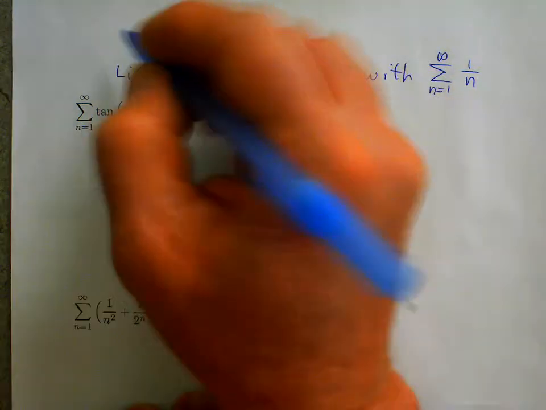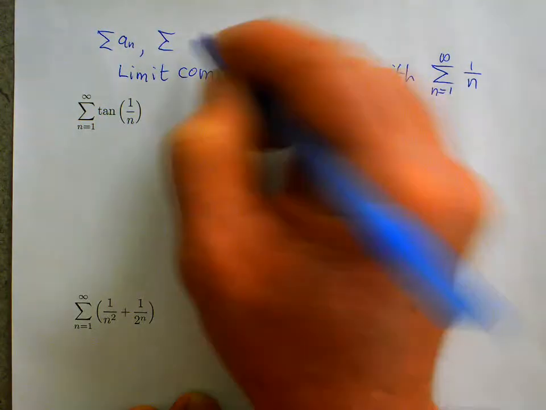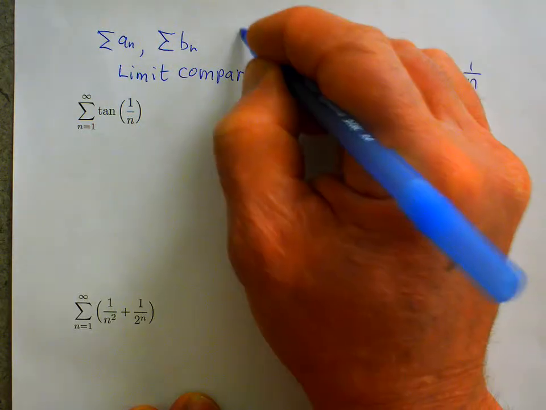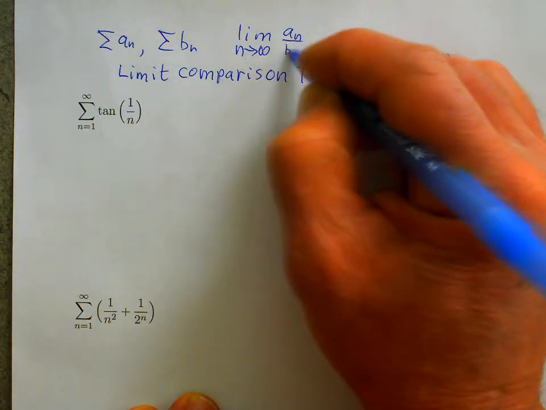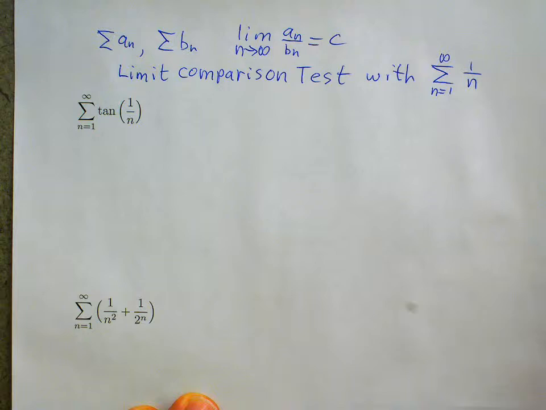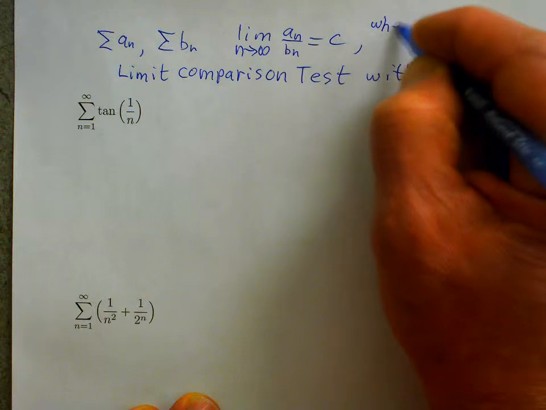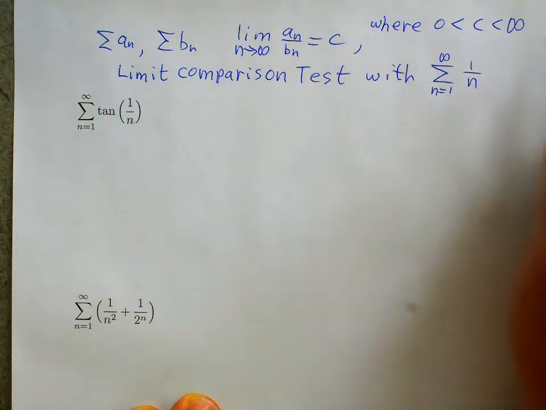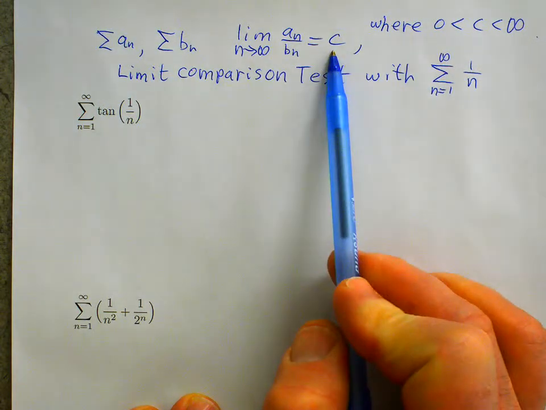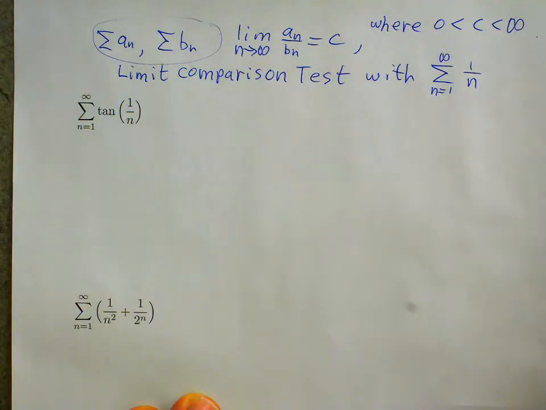If you have a series of a sub n terms and a series of b sub n terms, and if the limit of a sub n over b sub n is equal to c, a finite positive number, where c is between 0 and infinity, then either both series converge or both diverge. That's what the limit comparison test says.